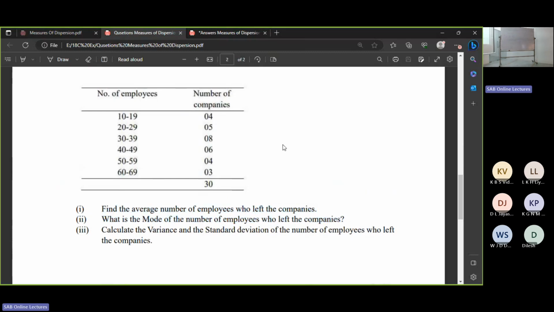Mean and the mode. Last session we discussed how to calculate the mean and mode using the group frequency distribution.